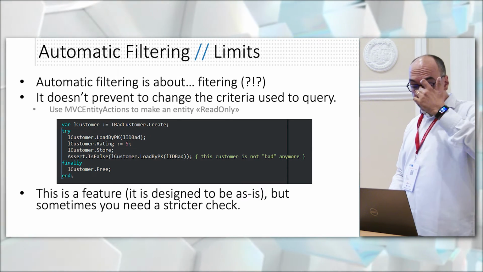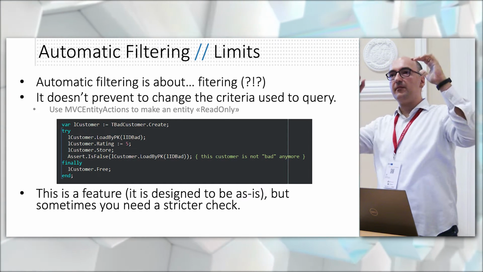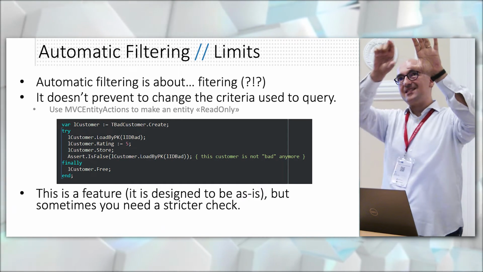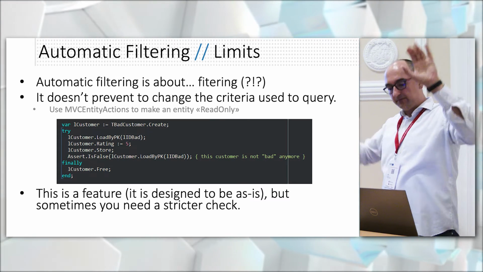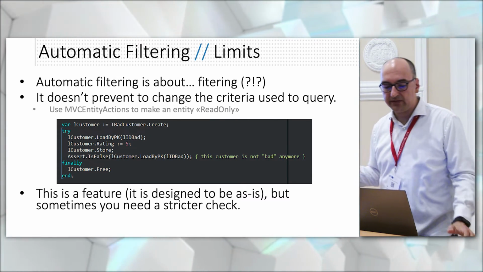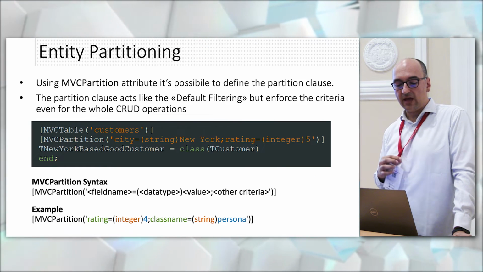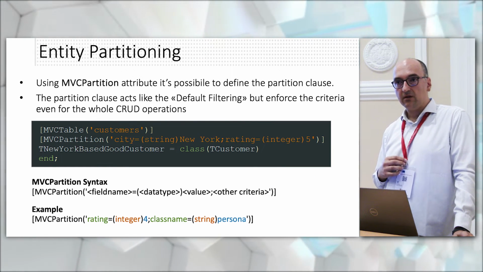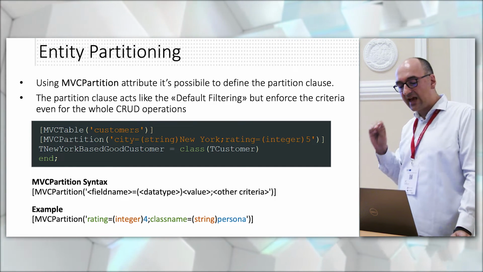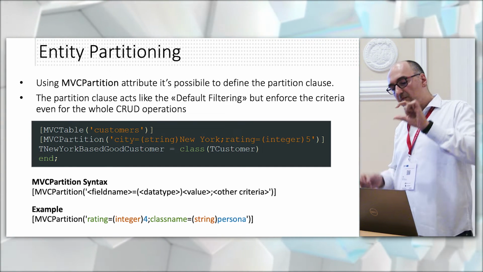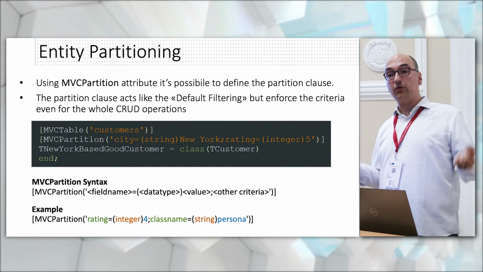Sometimes we need a stricter check. So we could think about the table and just slice it, partitioning horizontally. There is another attribute called MVC partition, where you can define the partition clause. The partition clause acts like the default filtering, but enforces the criteria even for the whole CRUD operation.